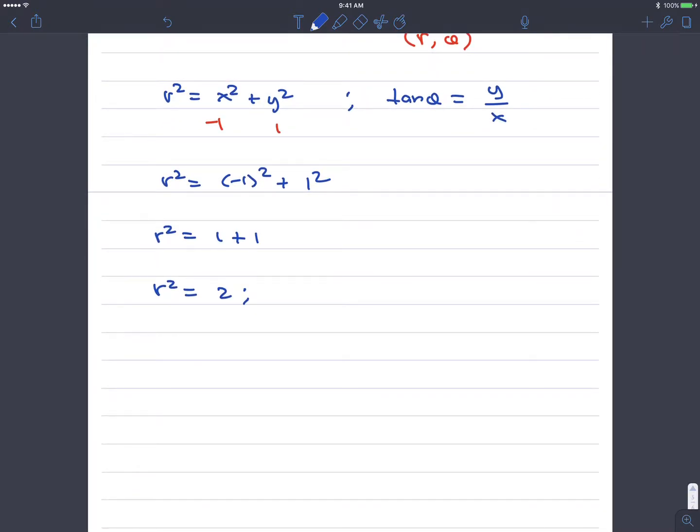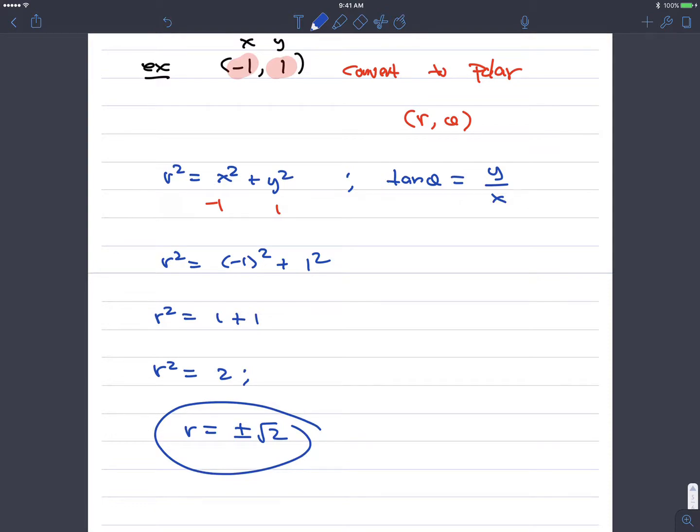So by the square root principle, r will be plus or minus square root of 2. These are two values for r. Can r be positive and negative? Sure can. Okay? Now let's find theta. Tangent theta, well, what's the value for y? We need a y value. 1.